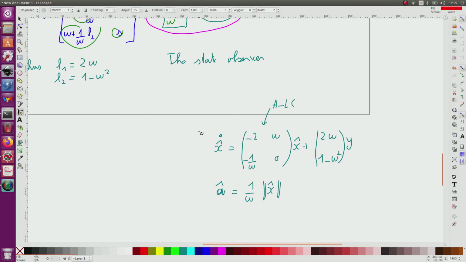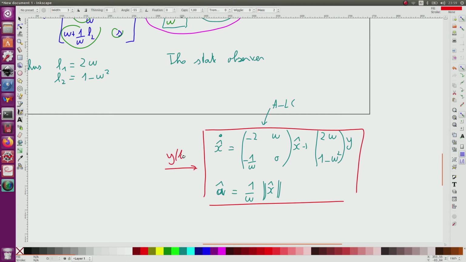So it means that once I receive my signal y of t, I put this signal inside this observer, and this observer will give me y hat, but will also give me a hat, the amplitude I am interested in.